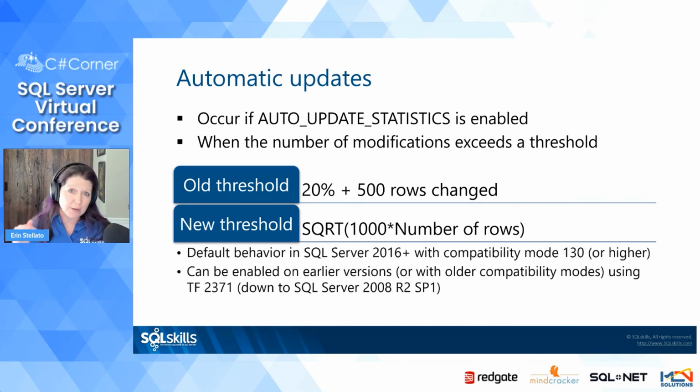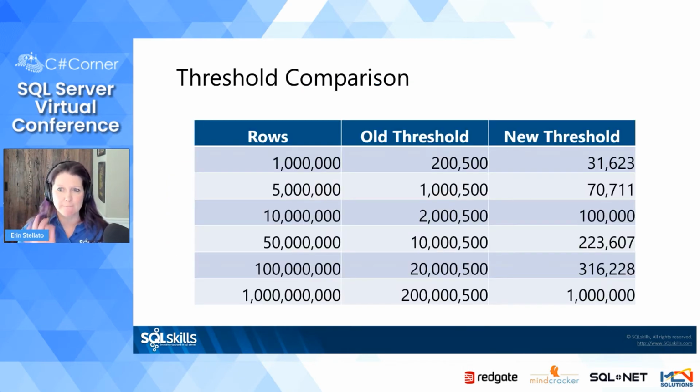So the new threshold is the default behavior in 2016 and higher if you have a compat mode of 130 or higher. In earlier versions, all the way back to 2008 R2 Service Pack 1, you can get that threshold with trace flag 2371.